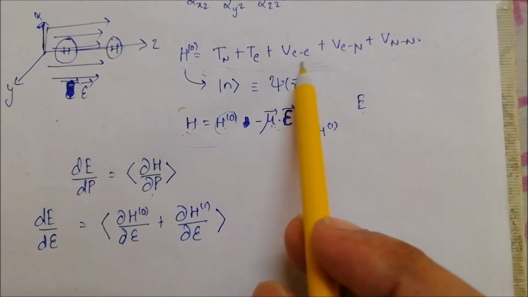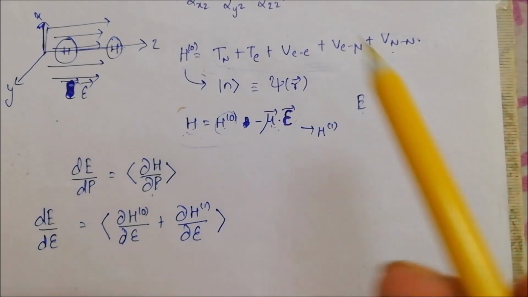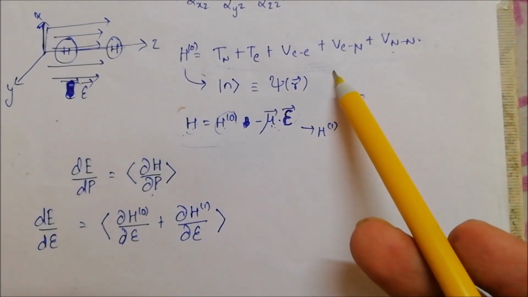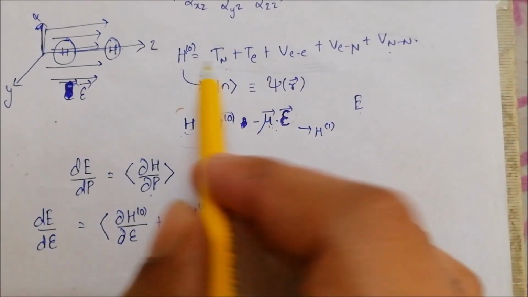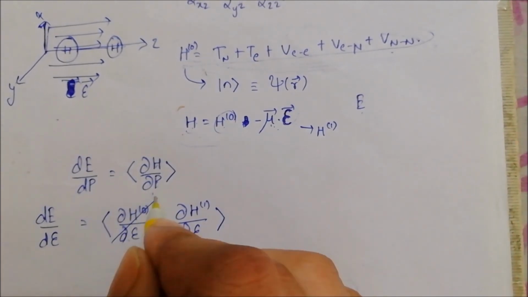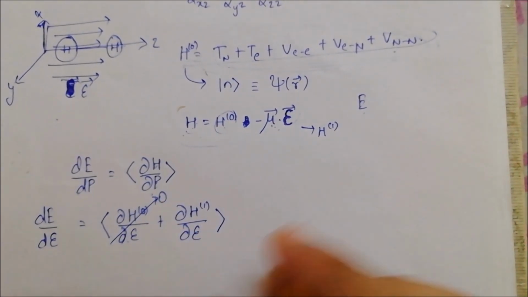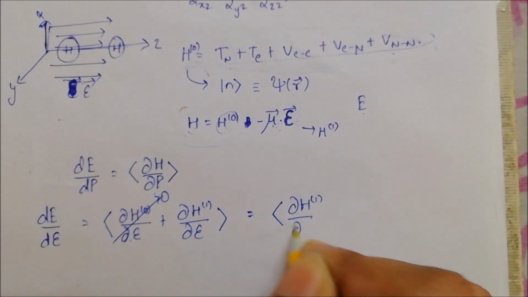It's just the internal interactions within the molecule. There is no term with the interaction with some external influence. So the derivative of this Hamiltonian with respect to an external electric field should be 0, and what we are left with is this one.